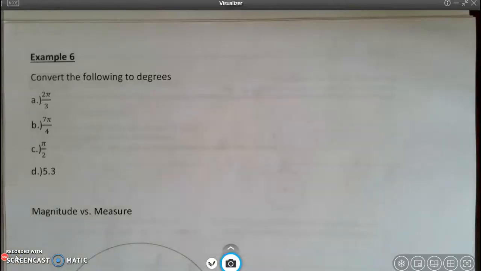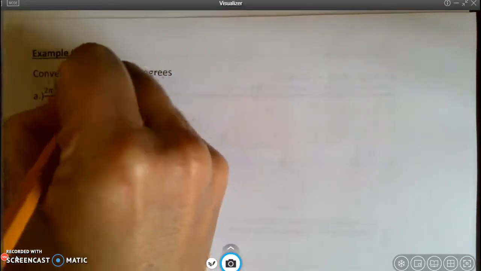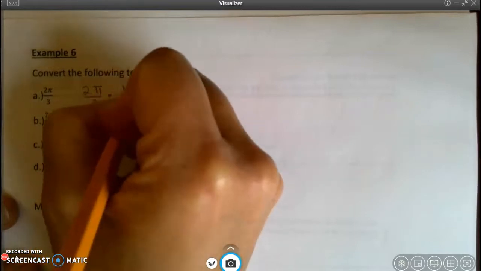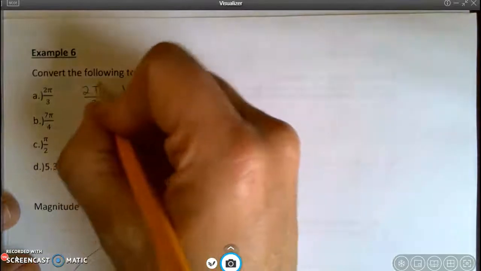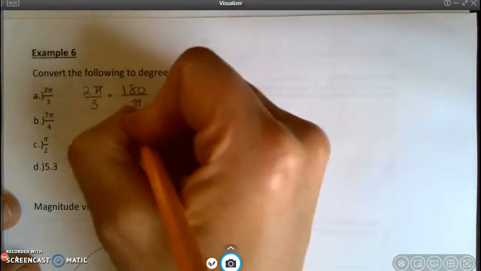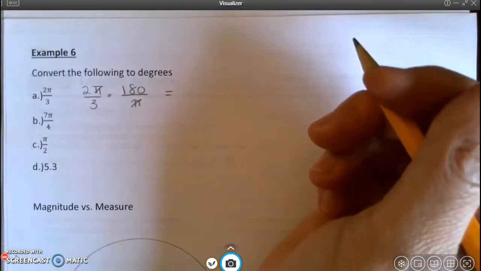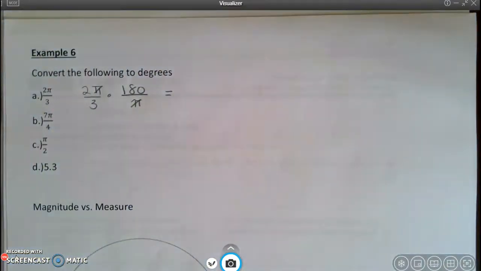Now we're going to convert the following to degrees. So we're going to take the 2 pi divided by 3, and we're going to multiply it by 180 divided by pi. So the pi's cancel because I have a pi in the numerator and a pi in the denominator. Now when you're multiplying without a calculator, it's always easier if you make the number smaller before you make it bigger.